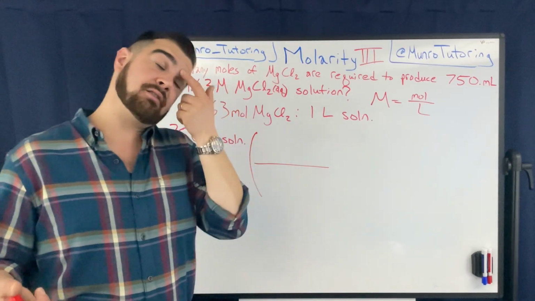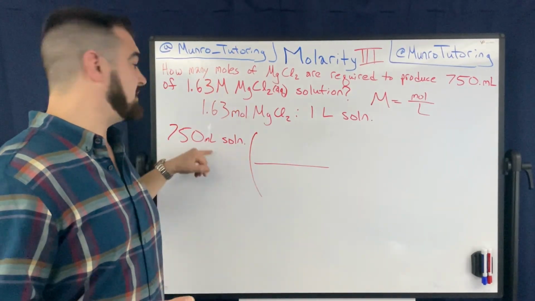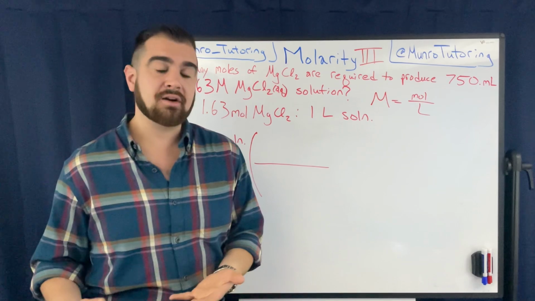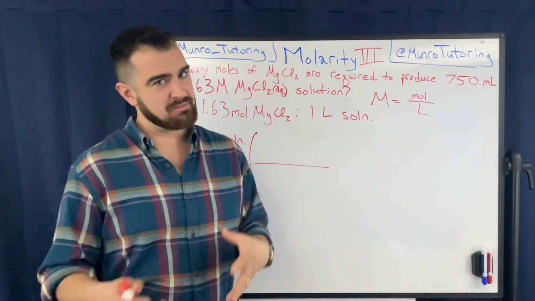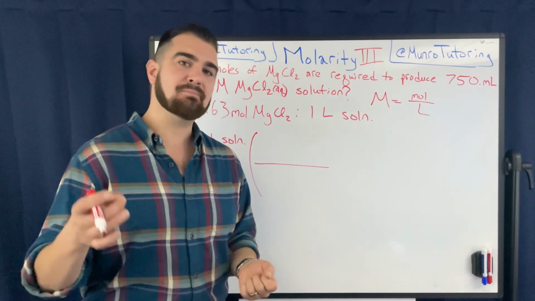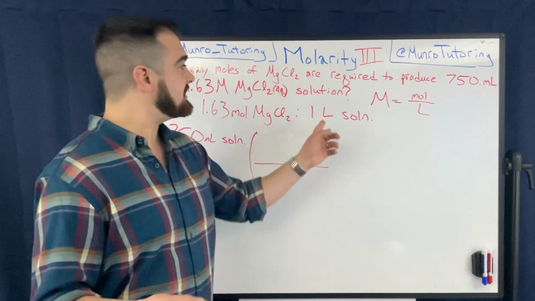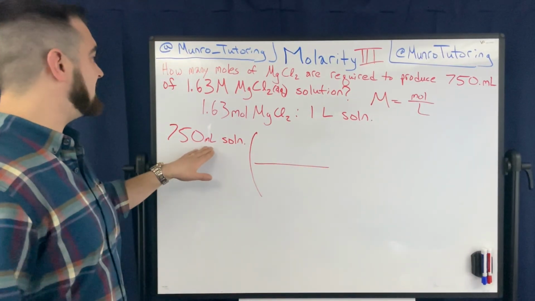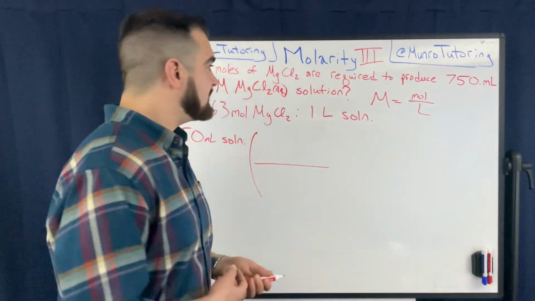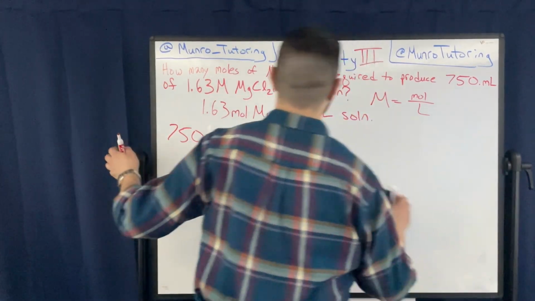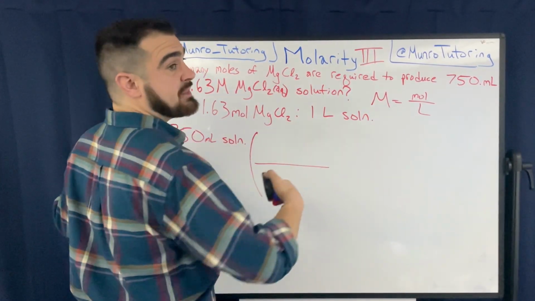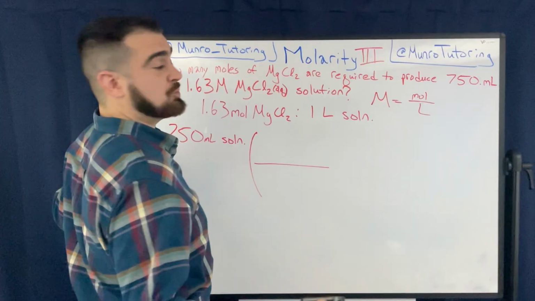We can either put the conversion factor to get from milliliters to liters right here, or at this stage in the course, you should probably know by now that there's 1,000 milliliters in a liter, and we can just rewrite this so that we can cancel out the unit that we were given, okay? So let's do it that way. Simplify things. Instead of writing 1 liter, I'm going to write 1,000 milliliters because they are equal, right?